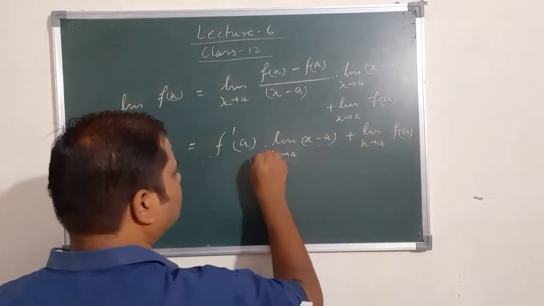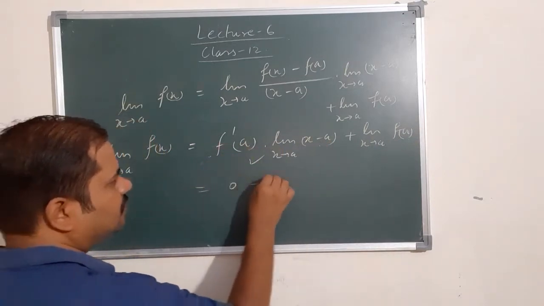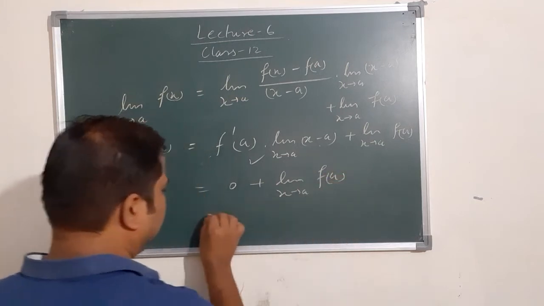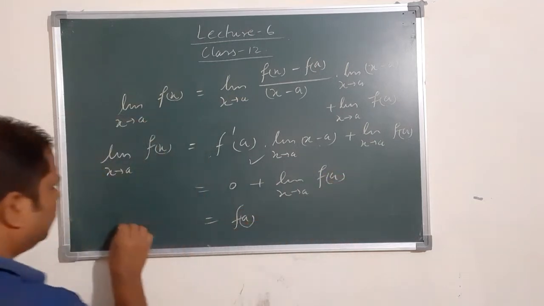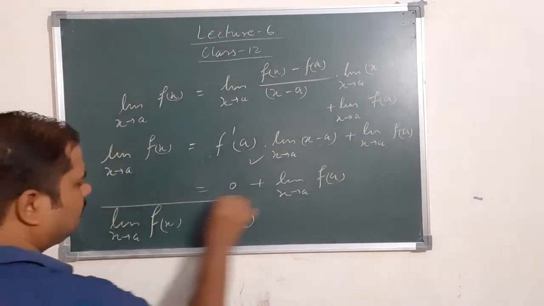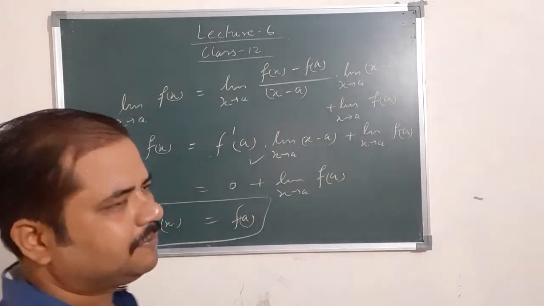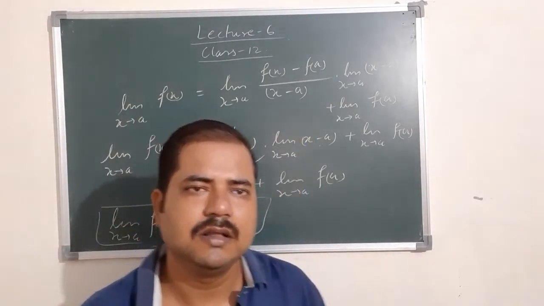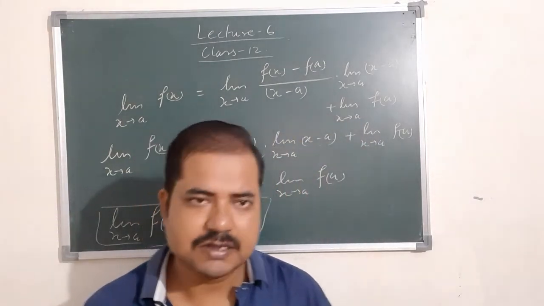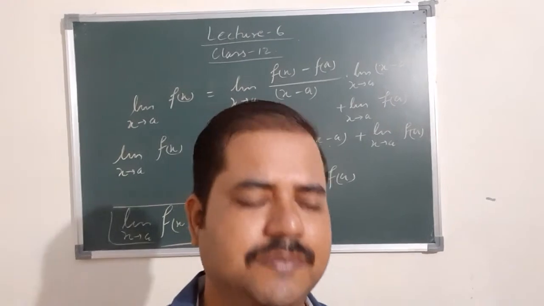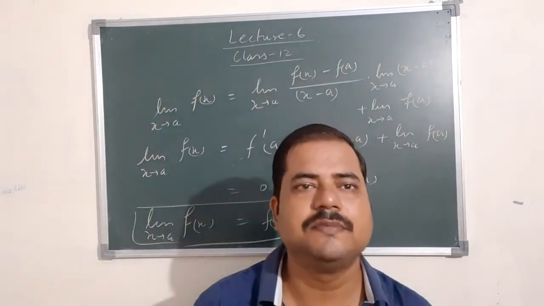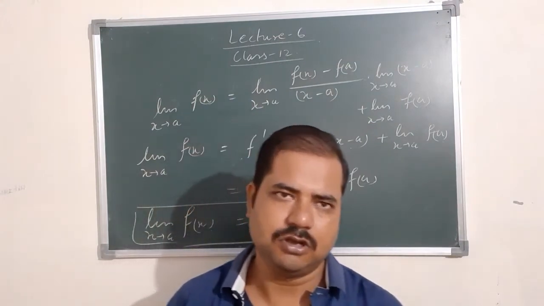If you put the limit, this becomes 0, so this is 0 plus limit x tends to a f(a), and this is simply f(a). So limit x tends to a f(x) is nothing but f(a), that means the limit of the function is equal to the value of the function. Hence when a function is differentiable, then it is continuous also.